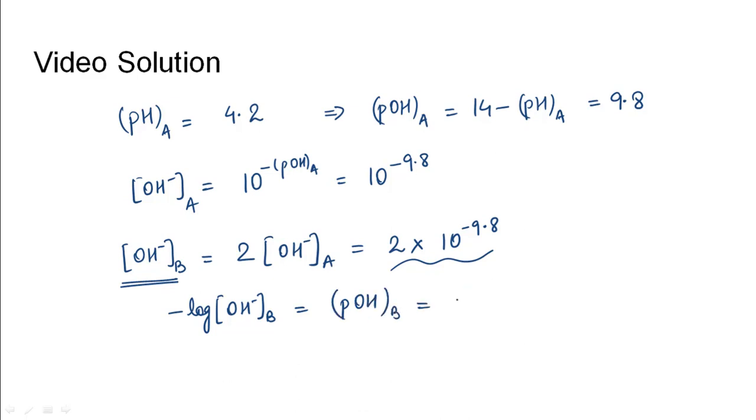This would give the value as minus log of 2 minus of log 10 raised to the power minus 9.8.